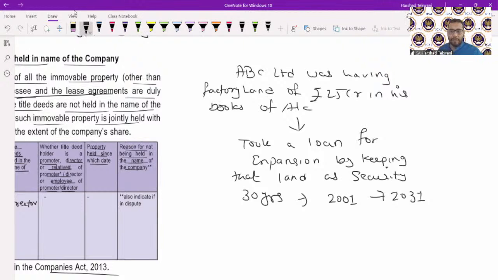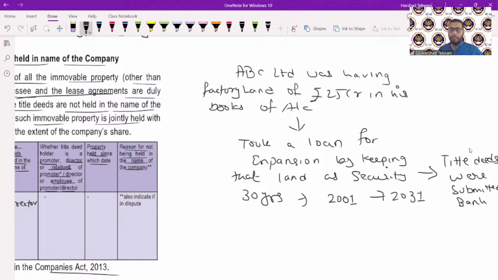Now as a part of the security for the loan, title deeds were submitted to the bank.